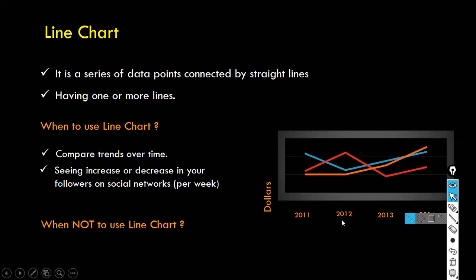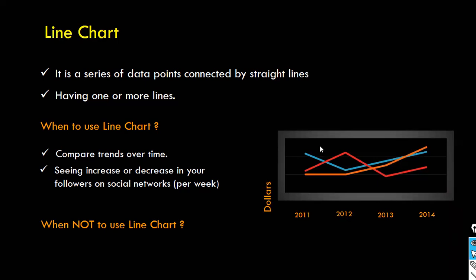Look here, if you look at this chart, 2011, 12, 13, 14. This is the year, which we plotted in the x-axis. In the y-axis, we plotted the dollars. And in this company, they sell products under three categories. Each color represents a different category.